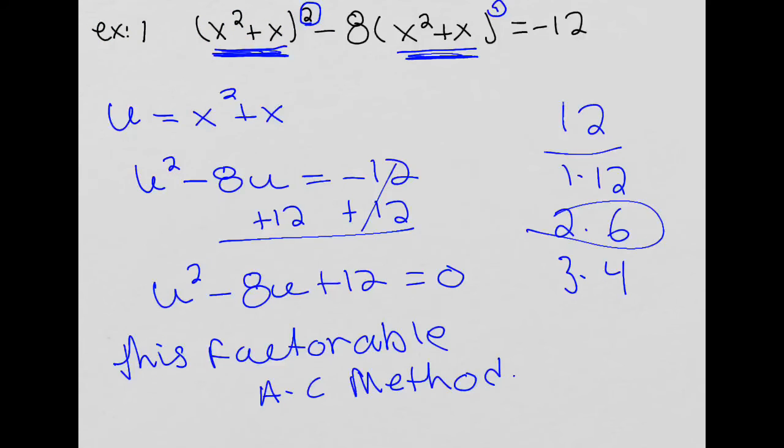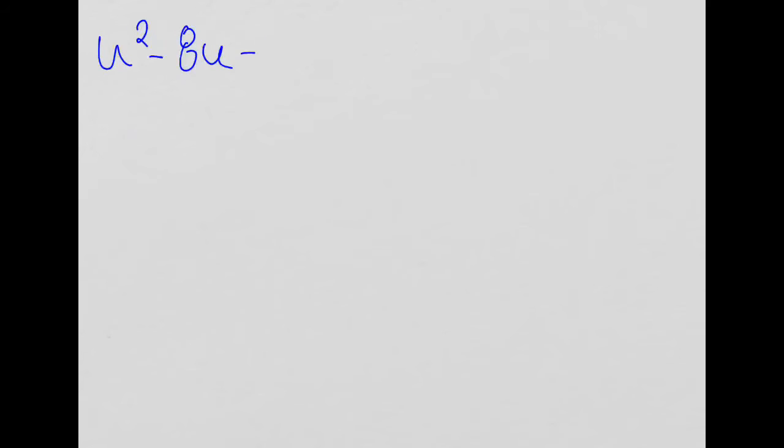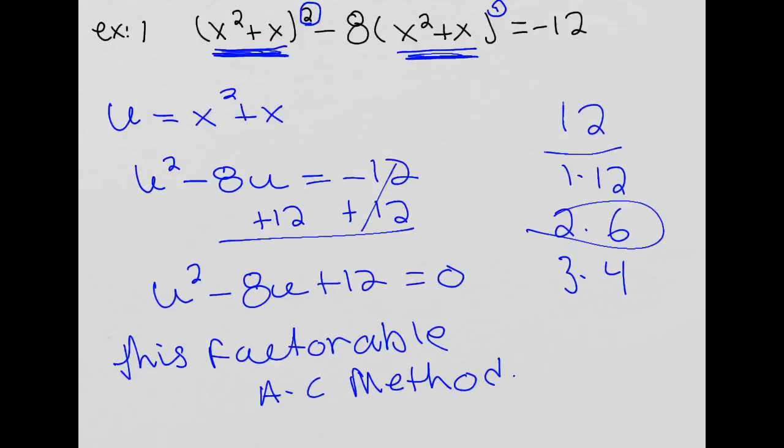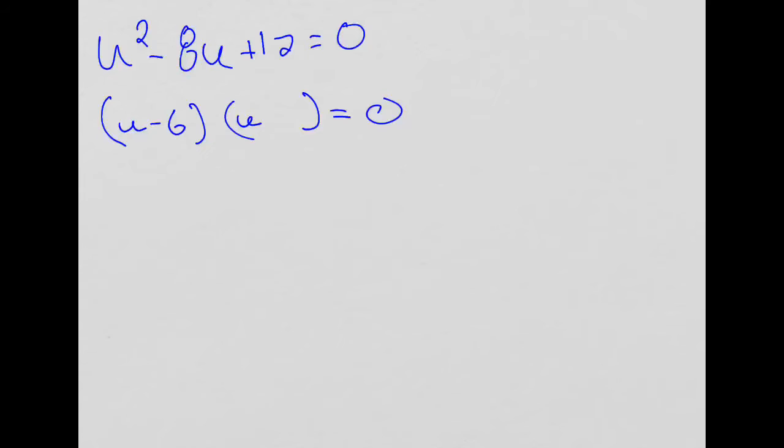So I have u squared minus 8u plus 12 equals 0. Once I have factored using the AC method, I am left with u minus 6, wait, I think I wrote a plus sign right here, u minus 2.